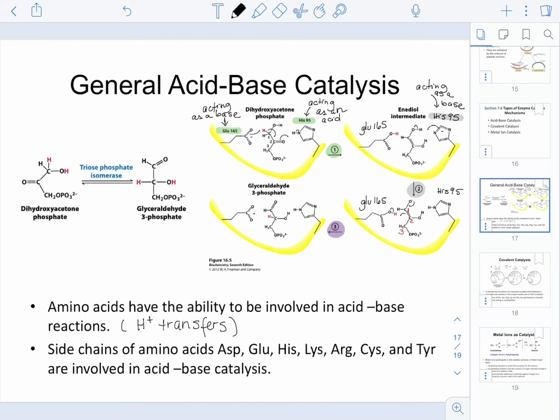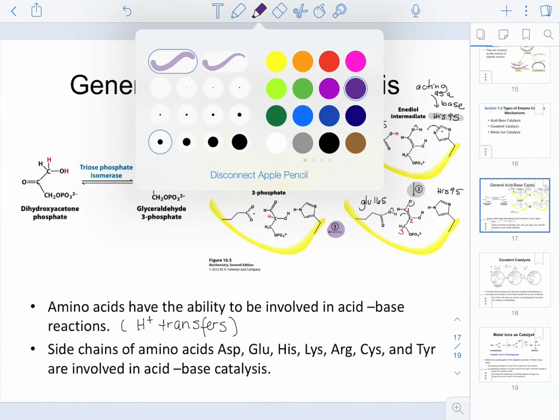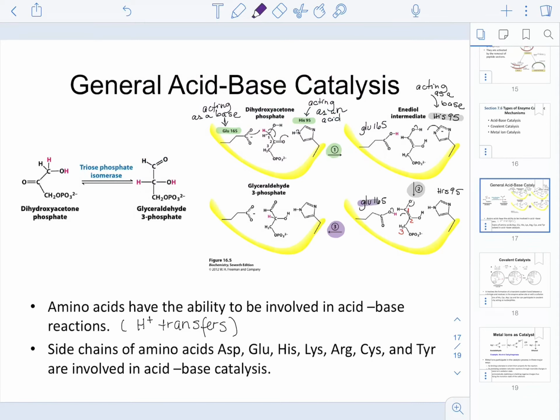In the last step of the reaction, glutamic acid 165 is going to be donating a proton to our intermediate that was formed from step 2. So in this instance, that glutamic acid is acting as an acid, so we can produce the product glyceraldehyde 3-phosphate.